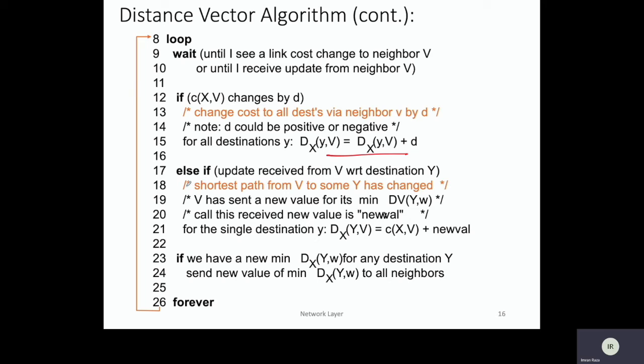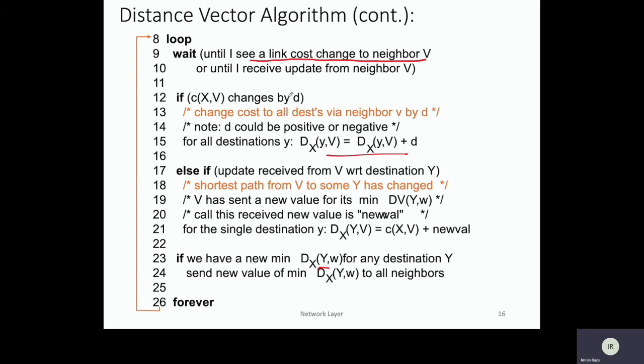Else, if the update is received from V with respect to some destination Y, what we have to do is calculate the new cost. And if the new cost is minimum, we will send this update message to all of the neighbors, and we'll stay in this loop and wait for two things to happen.